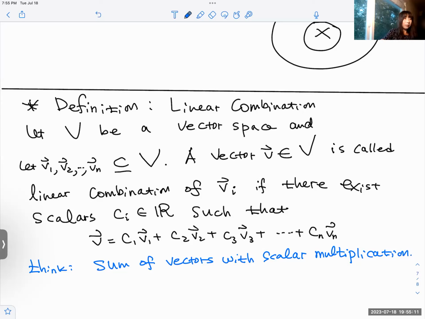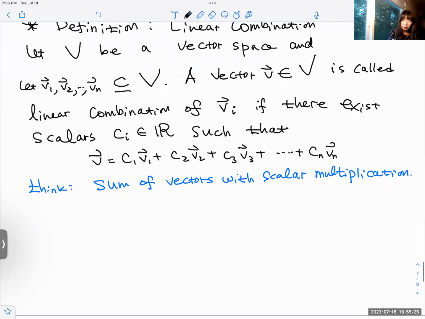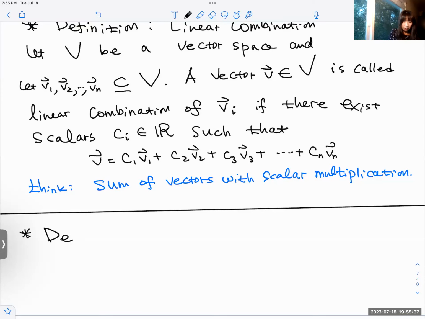Okay, now span of vectors, there's another terminology. So let me write down. So definition, we have a span of vectors.